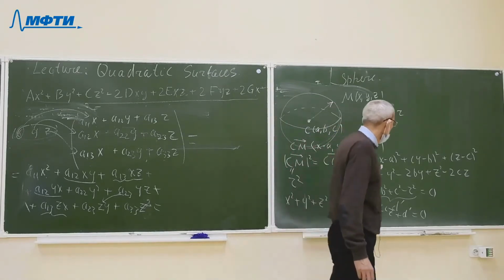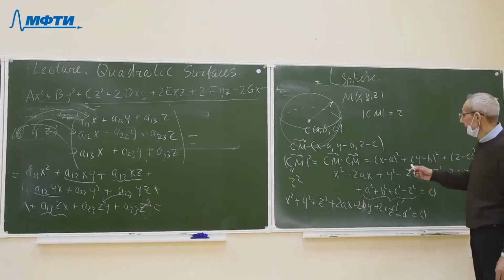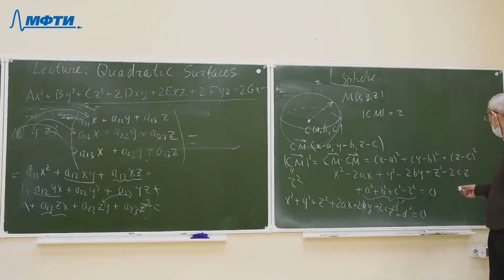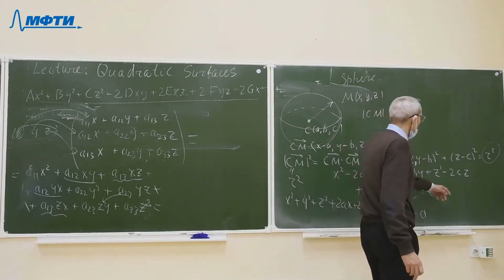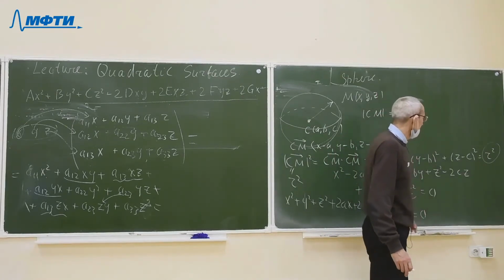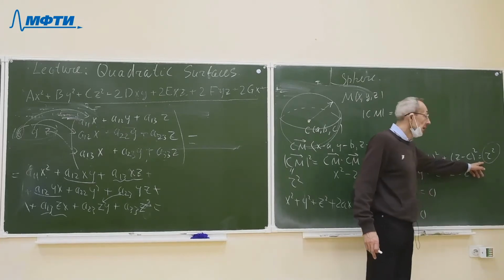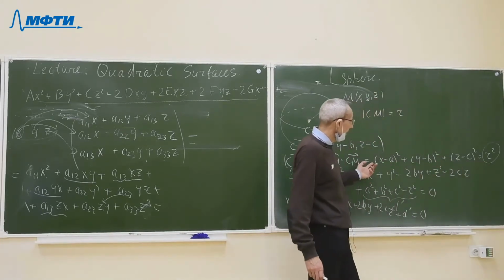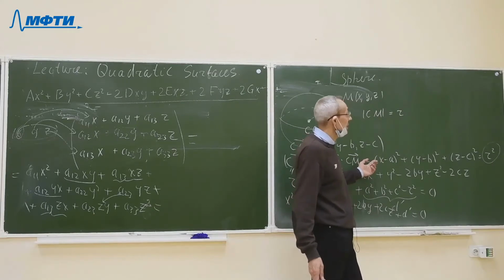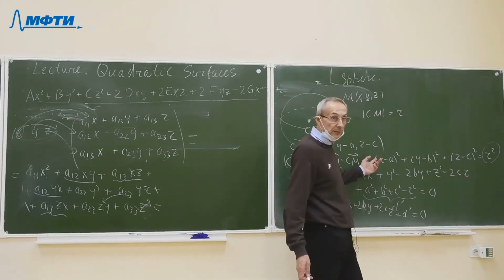For example, if in this equation the term on the right-hand side is negative, the set of points which satisfies this equation is empty.